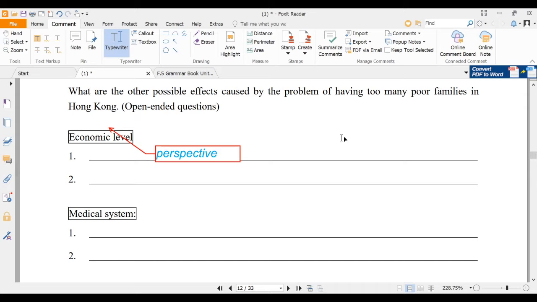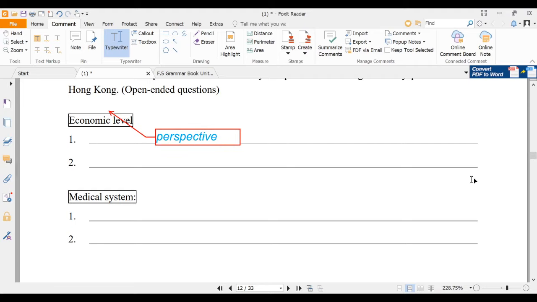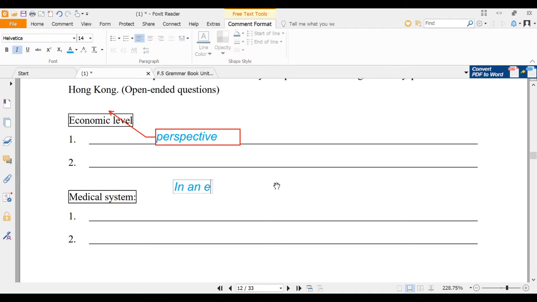Although it's not the best choice, you can start a paragraph with, for example, in an economic perspective, drug abuse. So you can start a paragraph like this.